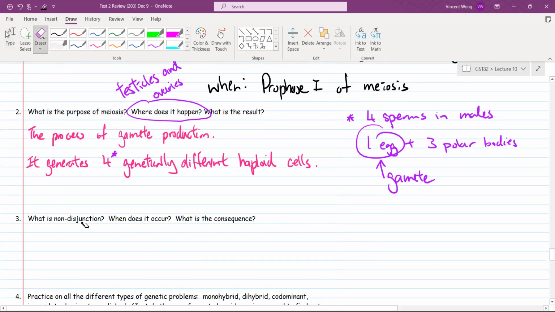Next, what is non-disjunction? Non-disjunction is basically failure to separate chromosomes. During when? During anaphase 1 or 2.